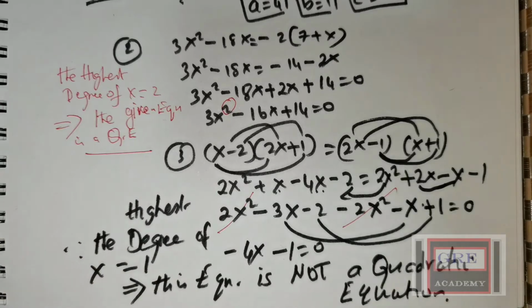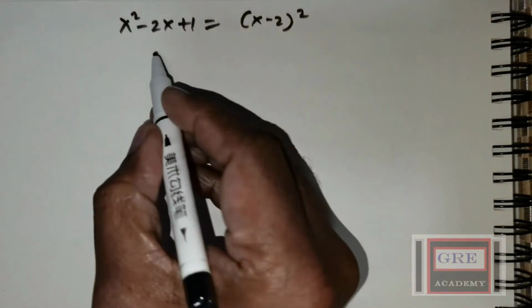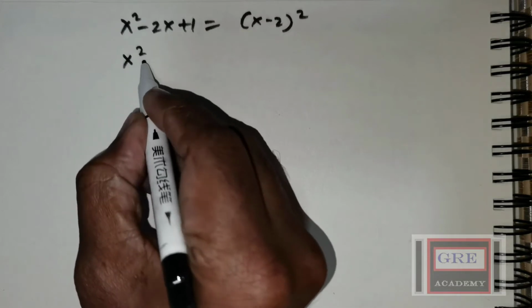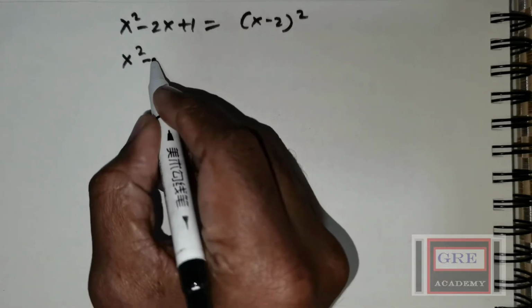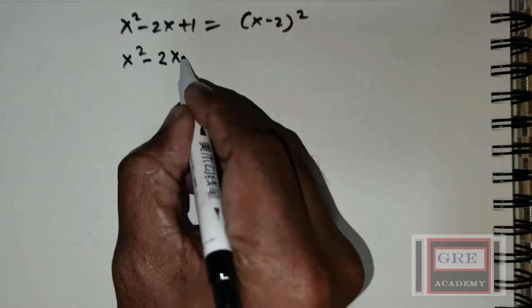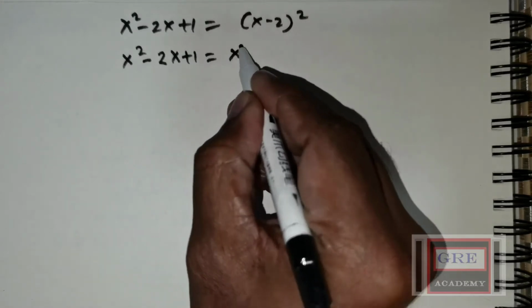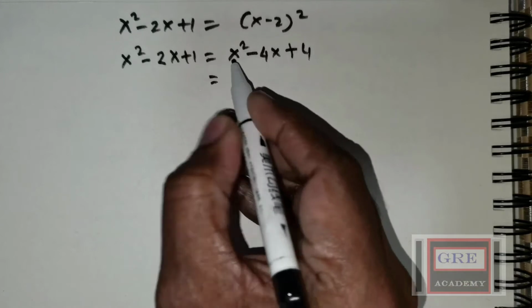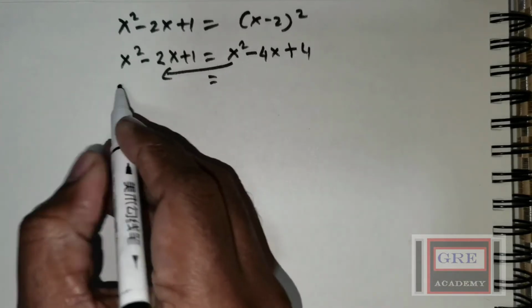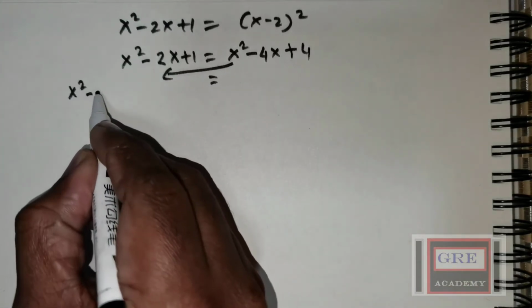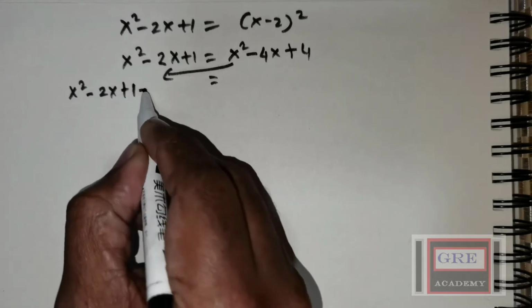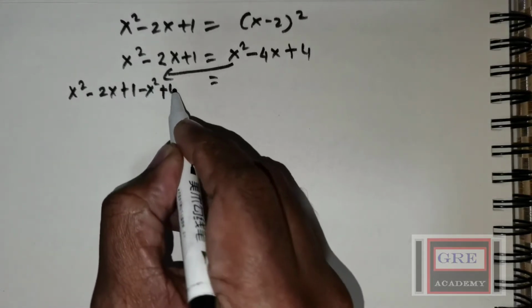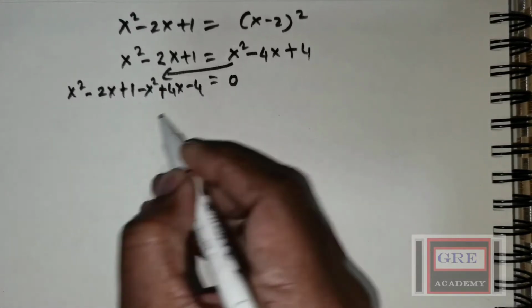Okay, this is the next question, students. What you need to do is expand this entire thing. This is x squared - 2x + 1 is equal to x squared - 4x + 4. You bring all these terms to the left, so this is going to be x squared - 2x + 1 - x squared + 4x - 4 equal to 0.